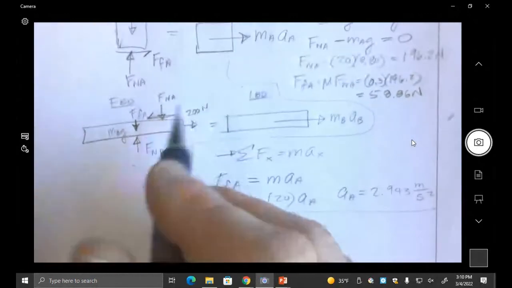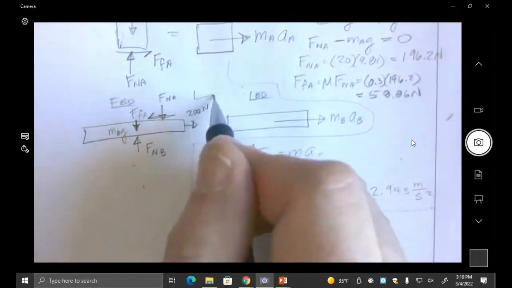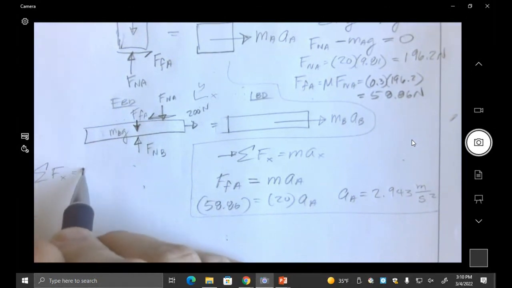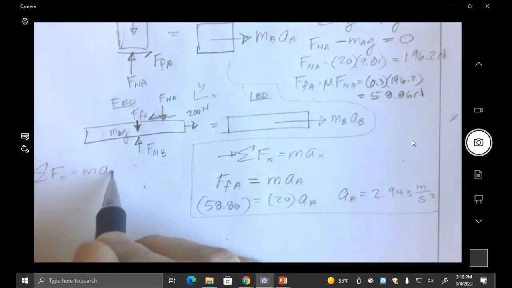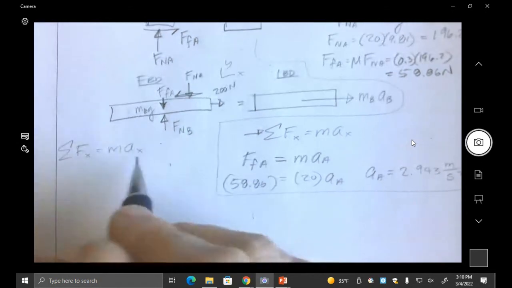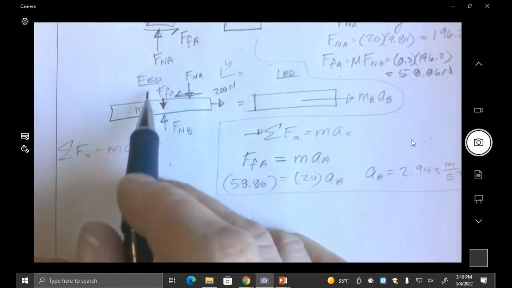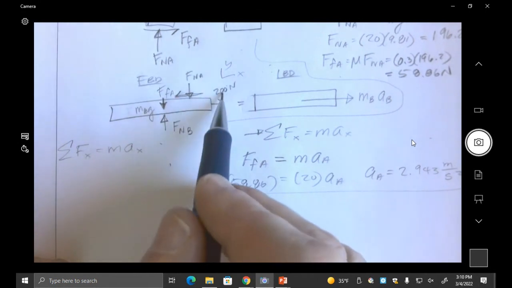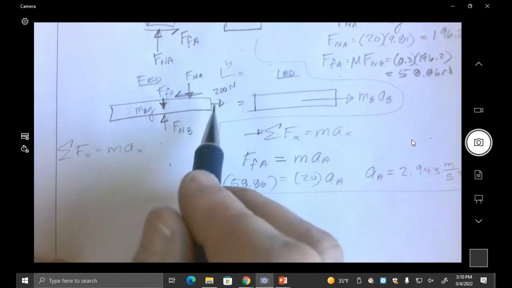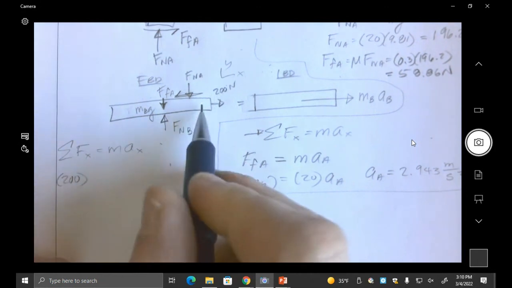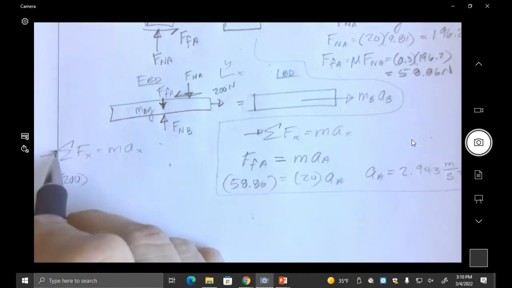Now we go to this FBD and IBD and say the sum of the forces in the x direction equals mass times acceleration in the x direction. The only forces we have are the friction force and the external force right here. I'll make the external force positive, and positive x for us.